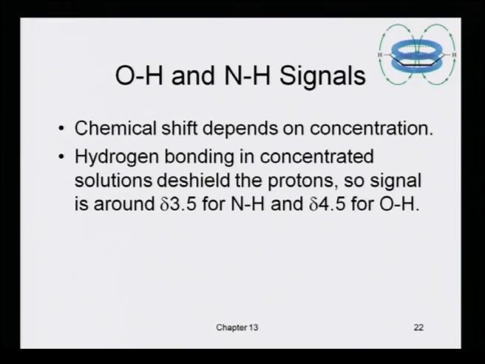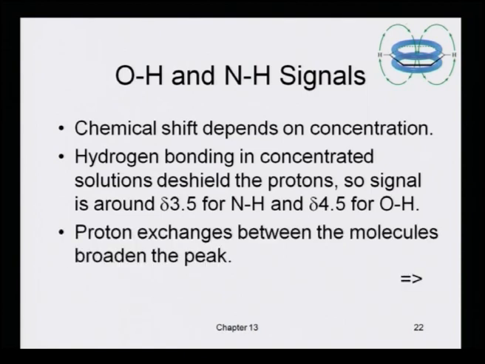Because of the electronegativity of oxygen being higher than nitrogen, the delta values are 3.5 and 4.5 respectively for amines and hydroxyl groups. So, that is how the environment is changing, and the deshielding is affected. Proton exchange between the molecules broadens the peak.